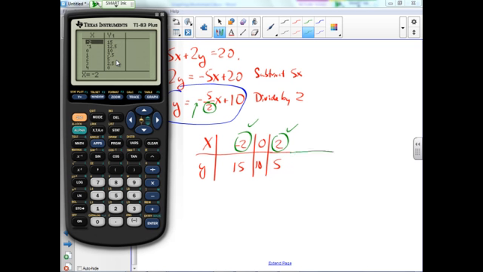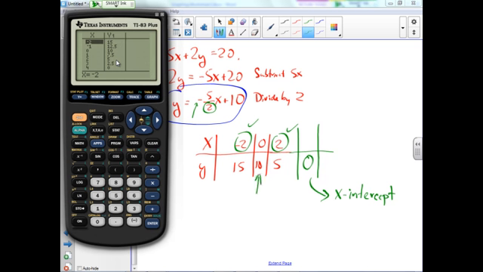And while we're thinking about it, what if I said, where's y equal to 0? By the way, this is a fancy way of saying the x intercept.